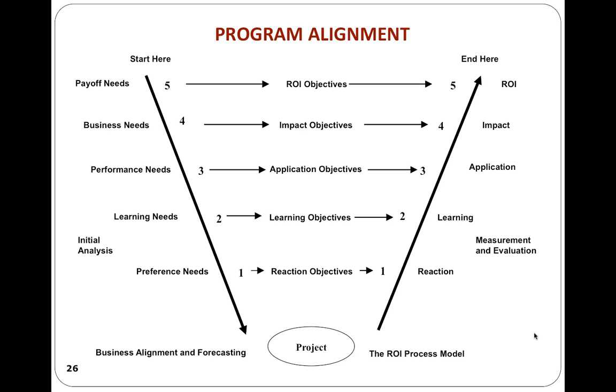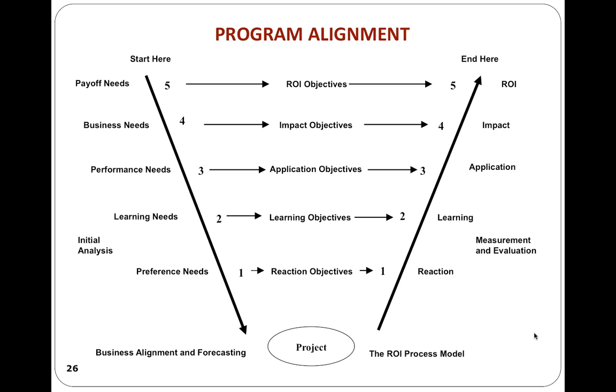Is it trying to sell this product to the existing client? Are we trying to reduce customer complaints? Are we trying to improve customer satisfaction? Are we trying to increase the profit of the sale, or to reduce the sales cycle? My point is, we want to know that business need.